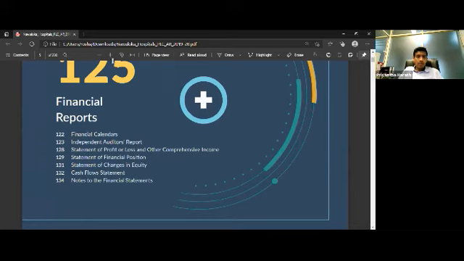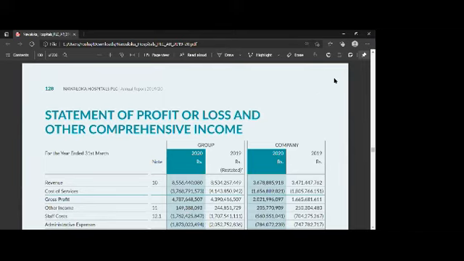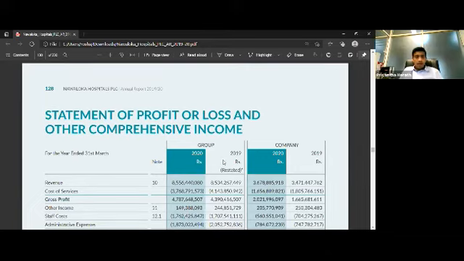Page number 130. Right, can you see the income statement? Yes, sir. Right, so the heading they use is statement of profit or loss and other comprehensive income.